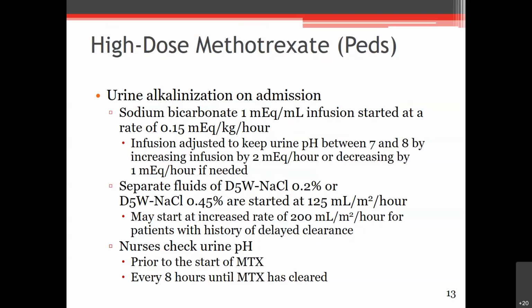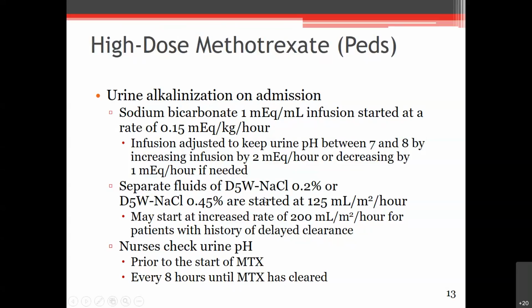And then we have separate fluids for these patients, which we standardly start at 125 milliliters per meter squared per hour. In patients who have had delayed clearance, we might be more aggressive and use 200 mils per meter squared per hour to start.